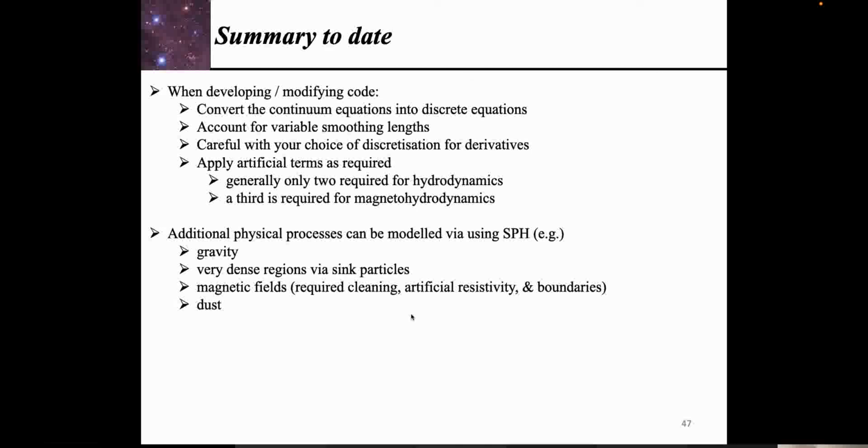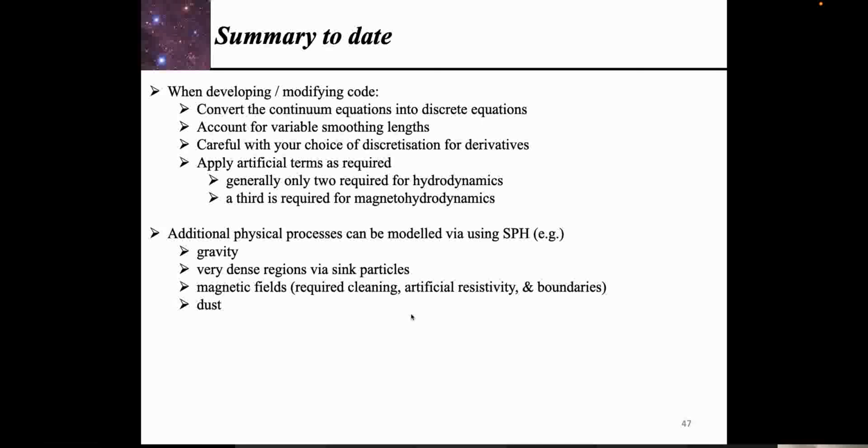So I think we have more or less reached the end of this crash course. Artificial terms are required. If you're modeling magnetic fields, you require a third one for the MHD. As far as I'm aware, we don't actually have an artificial term if you're modeling dust. I think the continuum equations properly do translate to the discrete ones with that.